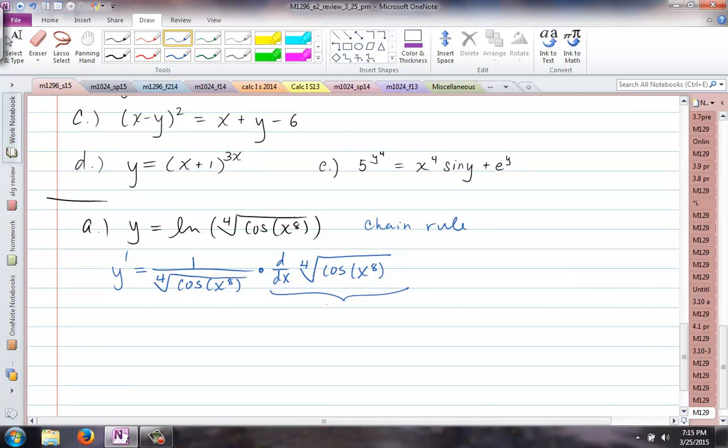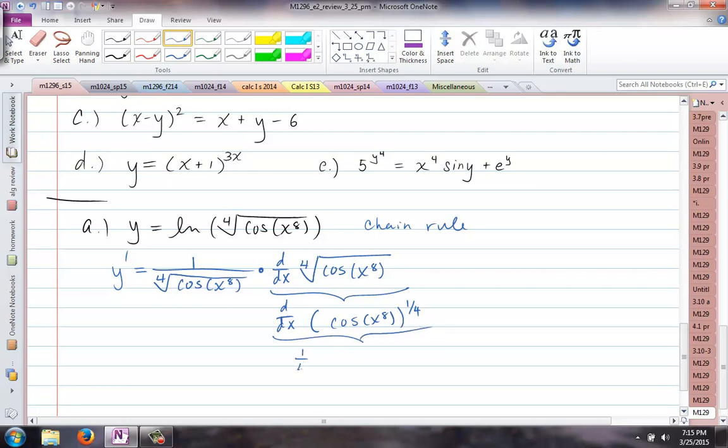So first of all, I should probably write this fourth root as a power. So it's going to be a 1/4 power of that whole thing. And so how am I going to take the derivative of that? Chain. It's another chain. So the outer function is the power 1/4. Okay, so let's tackle that.